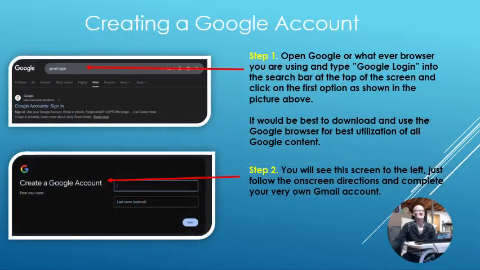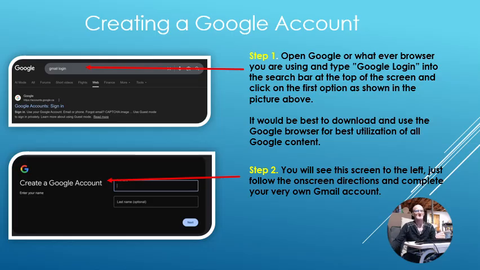So you got to create an account. What you want to do is open up Google, or whatever browser you're using. Go to the search, and type in Google login. As you can see on the screen, I'm showing you step 2, Google account creation.